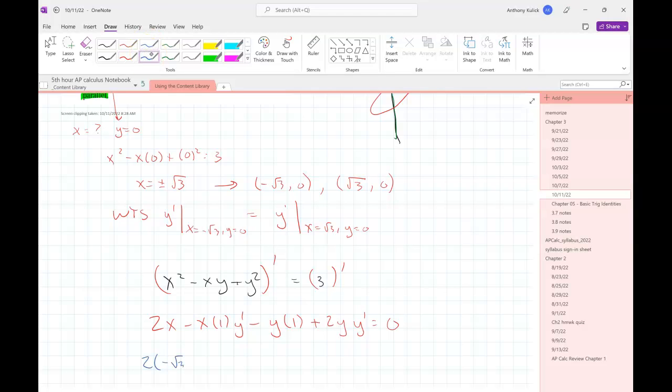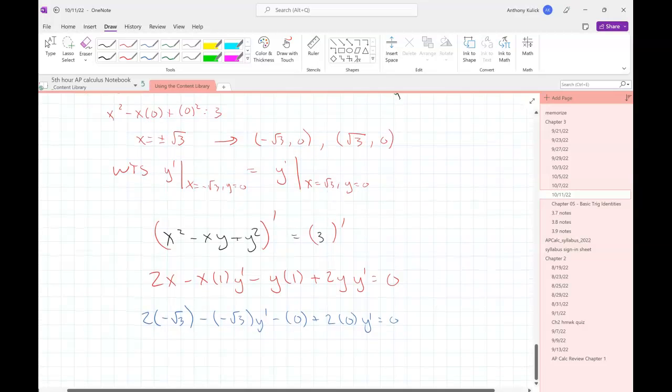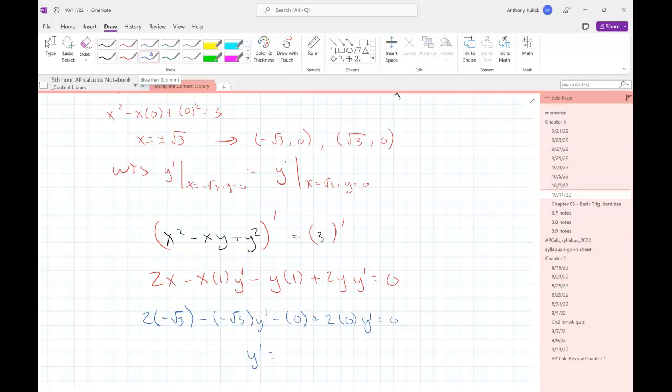So if I plug in negative square root 3 for x and solve, I get that y prime is going to be 2 root 3 divided by root 3, which is 2.